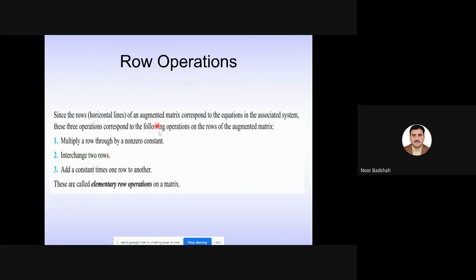You can multiply a row through by a non-zero constant. You can interchange any two rows, and you can add a multiple of one row to another one. So these three are known as elementary row operations. When you apply a row operation on a matrix, you get another new matrix.